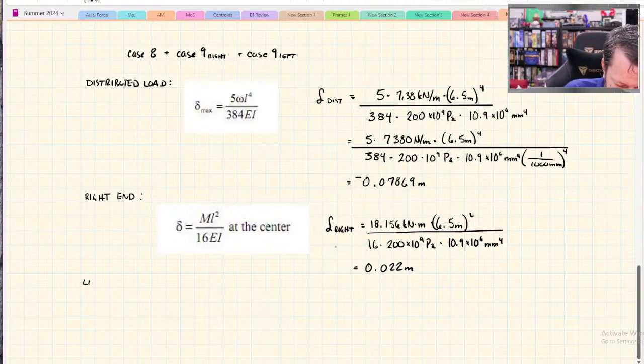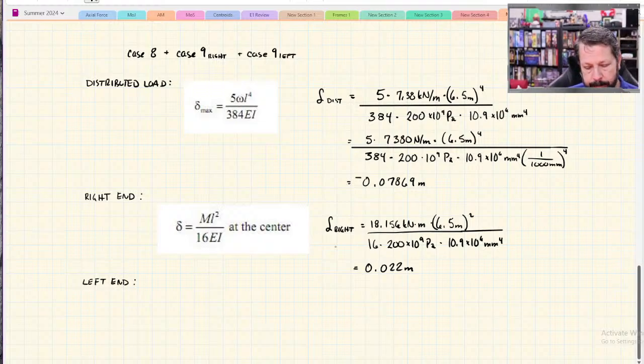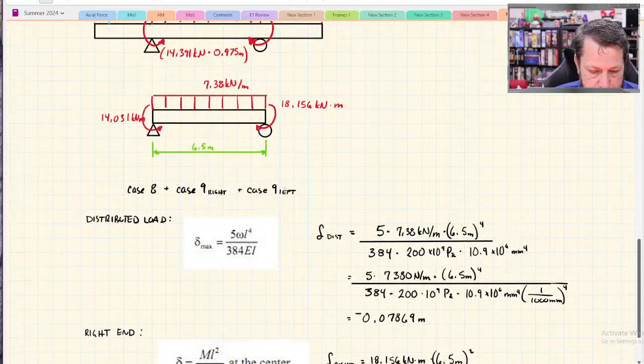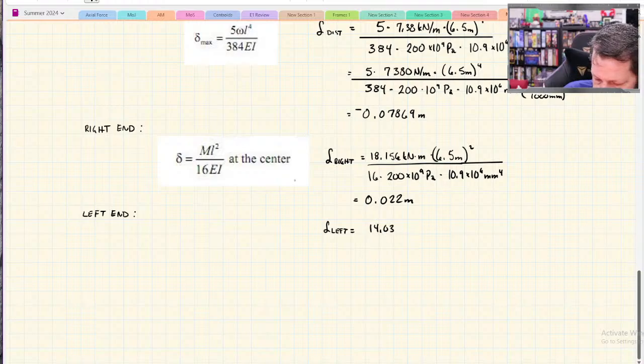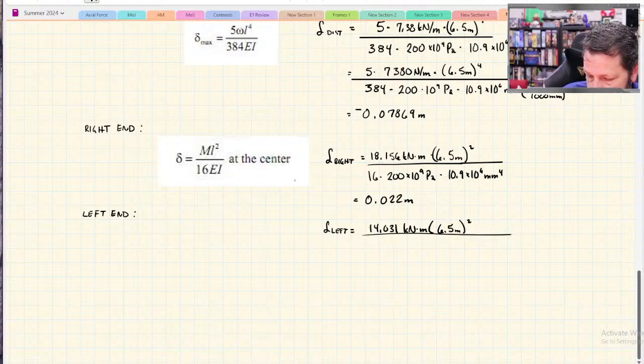And then we need the left end. And we can actually use the exact same equation. It's just with a different moment in it. So the moment here is 14.031. Same length and the exact same denominator.